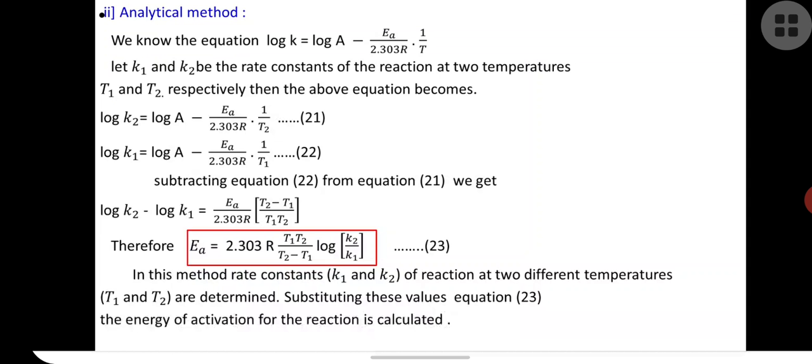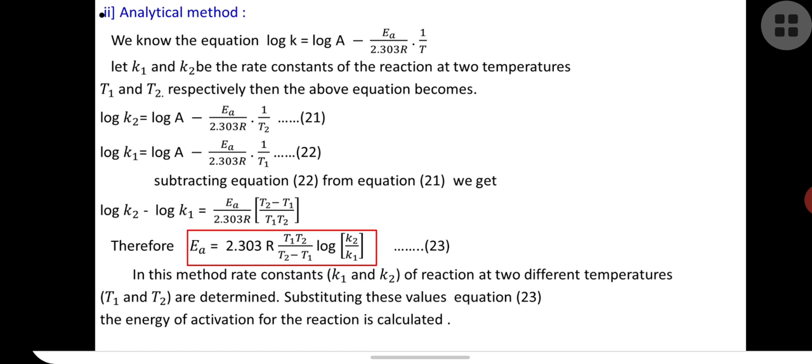Now, we want to discuss the next method, that is the analytical method. We have just seen the equation log k is equal to log A minus EA upon 2.303 R into 1 upon T. Now, let K1 and K2 be the rate constants of the reaction at two different temperatures, T1 and T2.